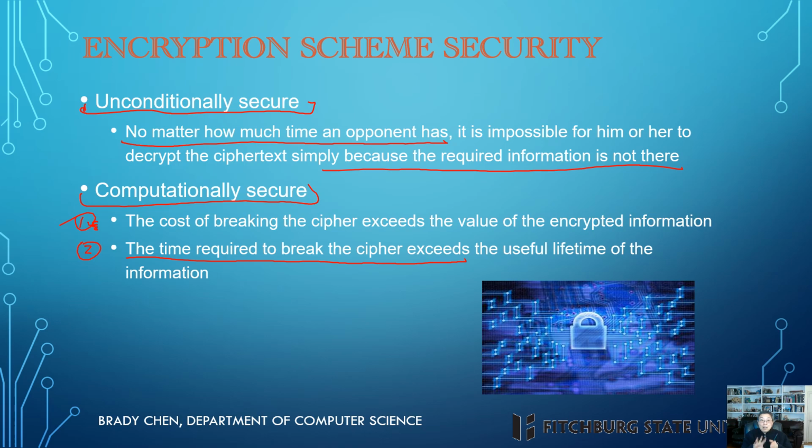But the cost he or she applied to crack your account is more than $10,000. That means the cost of breaking the account is more than the value of the account itself. In that case, mostly people are not going to try it. They're just going to give up, because that's one aspect of computationally secure. The other one is the time required to break the cipher exceeds the useful lifetime of the information.